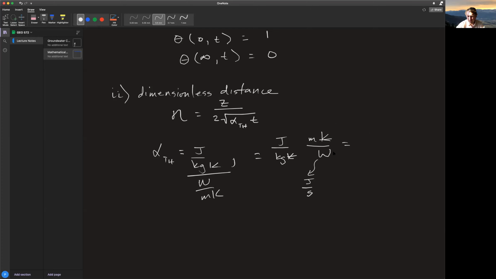So this becomes joules per kilogram Kelvin times meters Kelvin second over joules. And so my joules are going to cancel, my Kelvin is going to cancel.